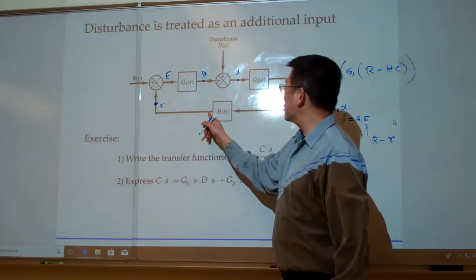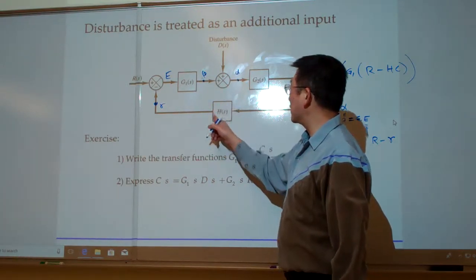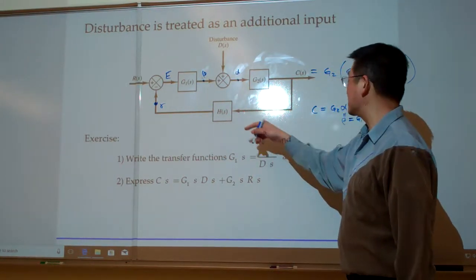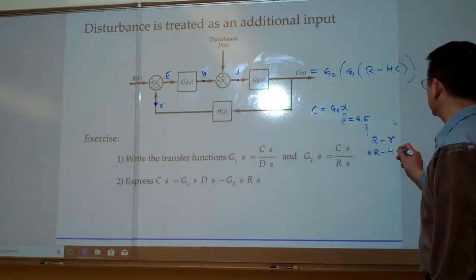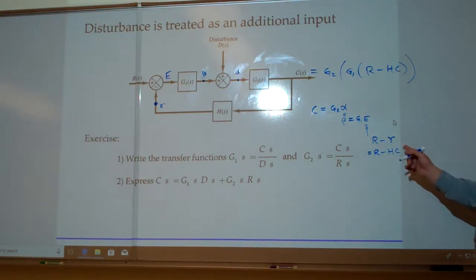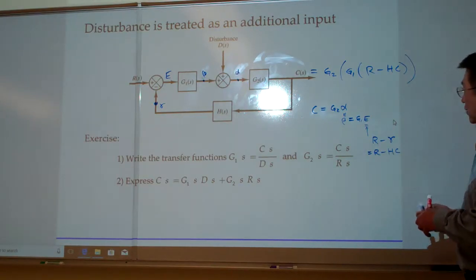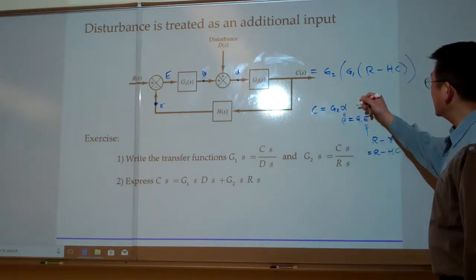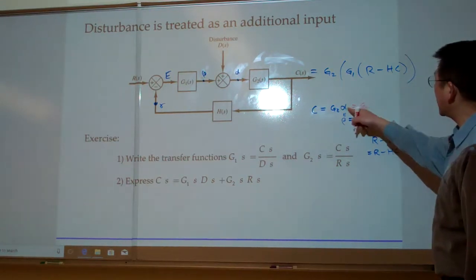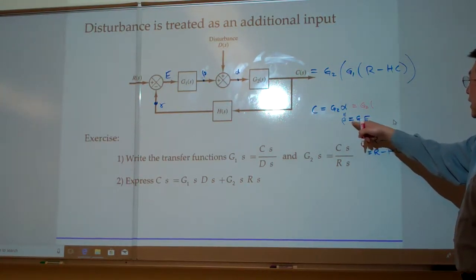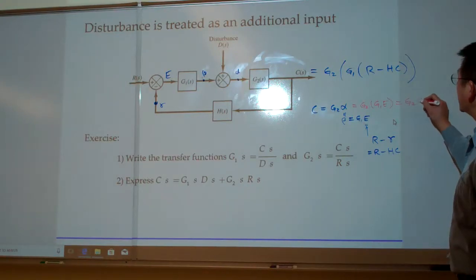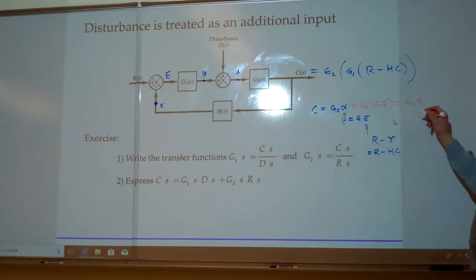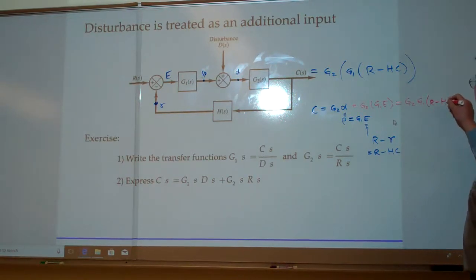Gamma is the output of this one, so that is H multiplied with this one, this is C. Okay, so simply we plug in everything: G2, and alpha replaced by beta, and beta equals G1 times E, and then what is E? E equals R minus gamma, and gamma is HC. So basically it becomes like this.